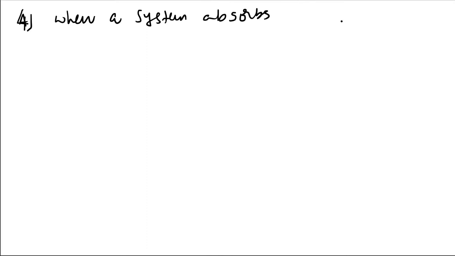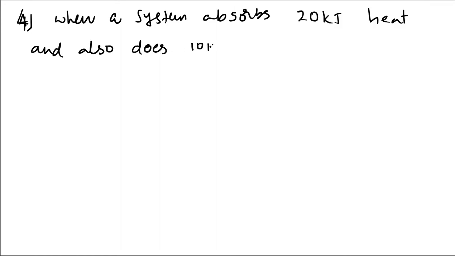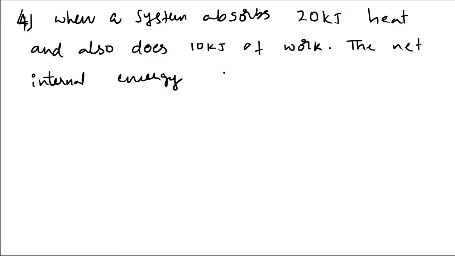Okay, now let's go for problem 4. Problem 4 is: when a system absorbs 20 kilojoules heat and also does 10 kilojoules of work, the net internal energy of the system.